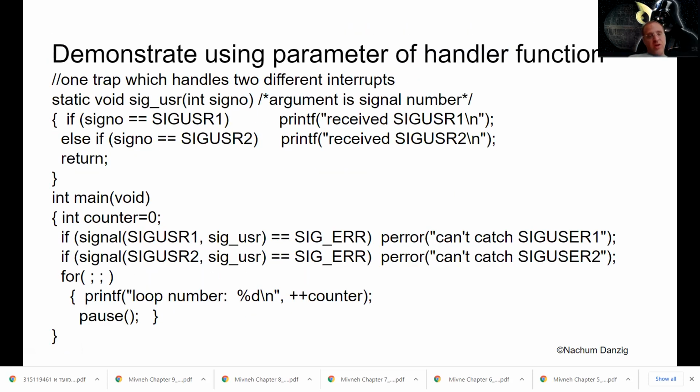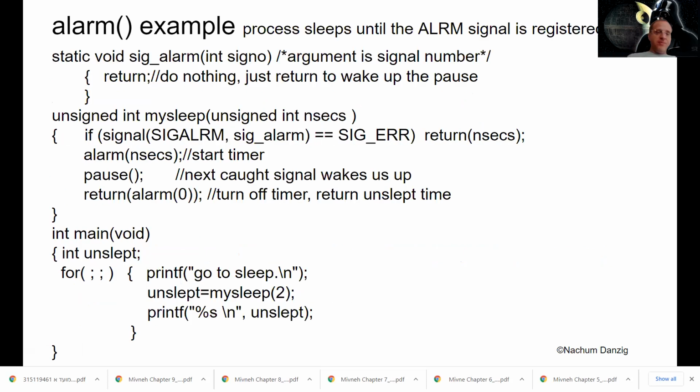Now there's a special function called alarm, and I want to show you how it works. The process sleeps until the alarm signal is registered. In other words, we can use an alarm to wake ourselves up from a sleeping state. It's like a timer. We can set a timer.